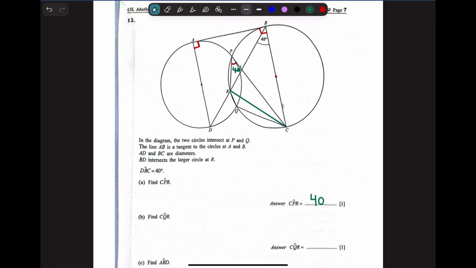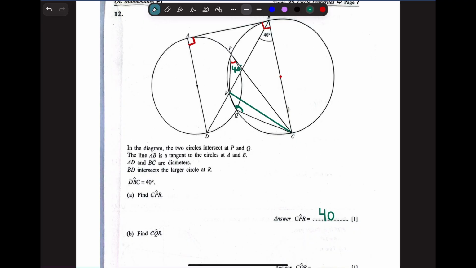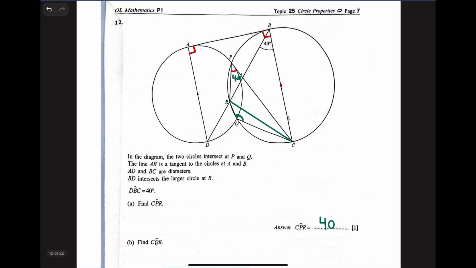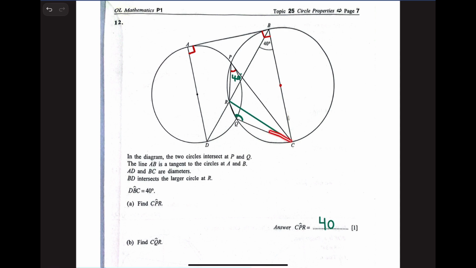Next, they want us to find CQR. CQR is this angle. This is a slightly tricky question, and all the properties are not very visible. Notice that C, Q, R, and B form a cyclic quadrilateral, so all four points are on the circumference.